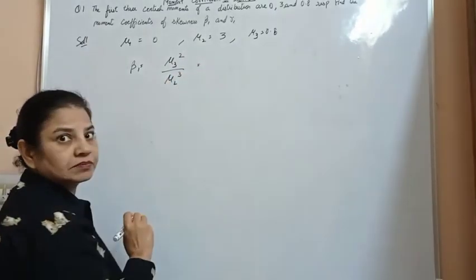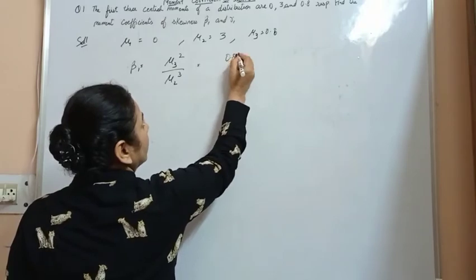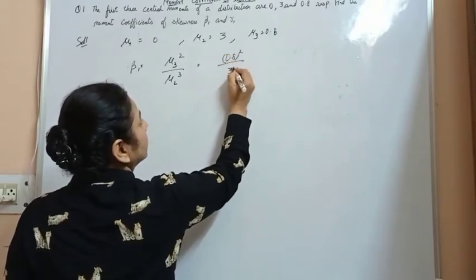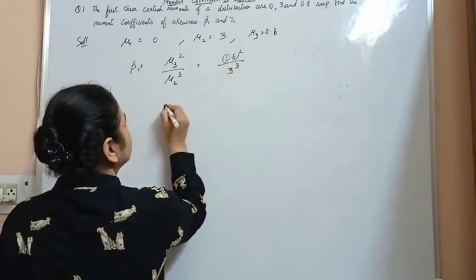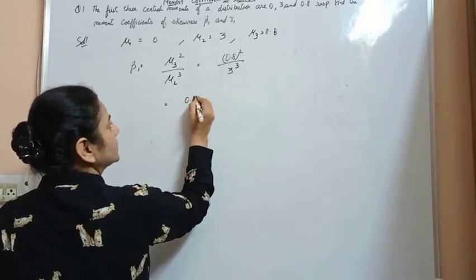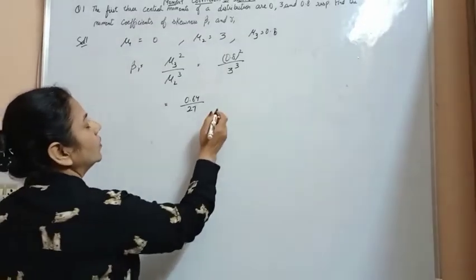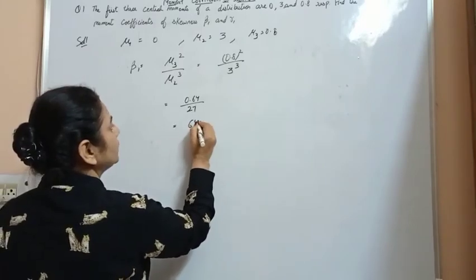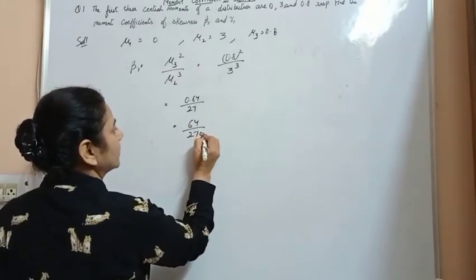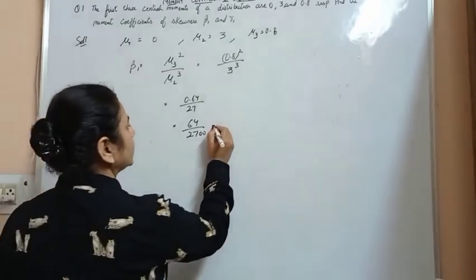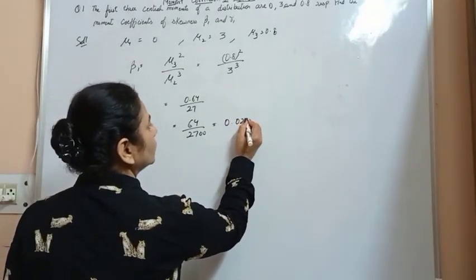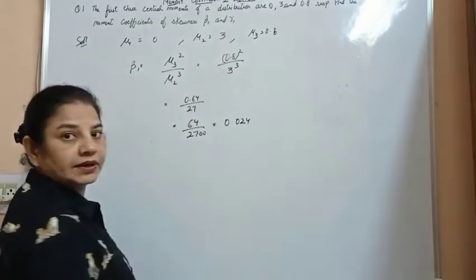So simply substitute the values: 0.8 whole square divided by 3 cube. This gives me the result as 0.64 divided by 27. Now on dividing, you will get 64 divided by 2700. On dividing, you get 0.024.